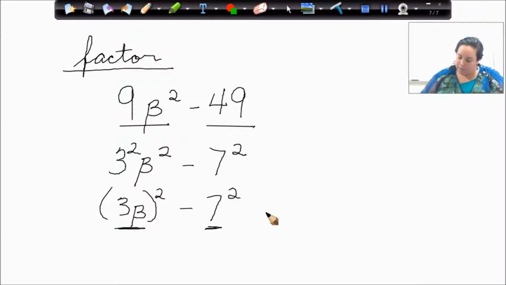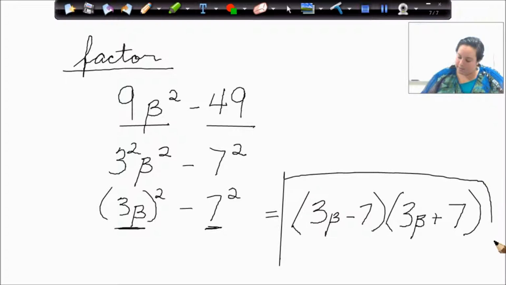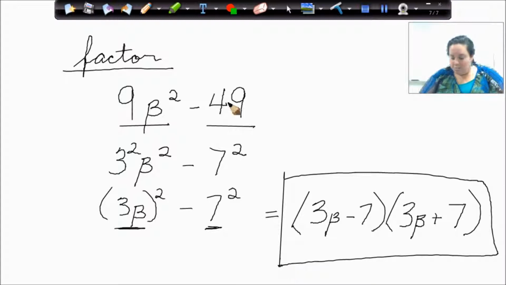And the formula or the pattern is the first thing minus the second thing, times the first thing plus the second thing. All right, so this is the factorization of this. Okay, and if you didn't memorize the formula, you could still work this out using the reverse FOIL method that we talked about before. Okay, same thing, it's just really fast and easy whenever you have the formula memorized.